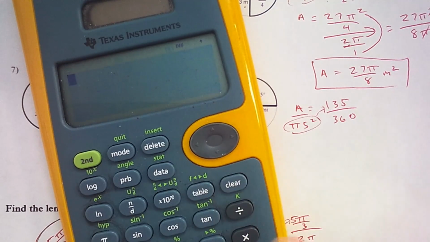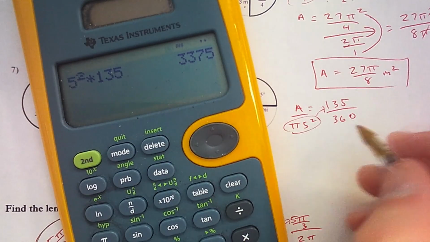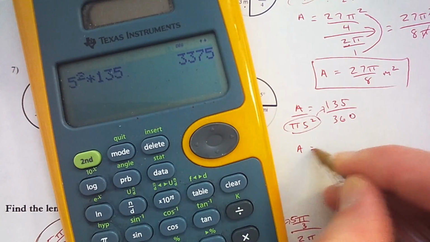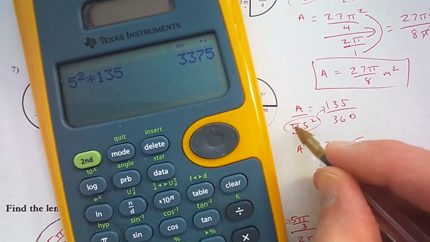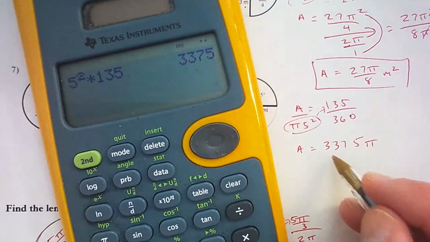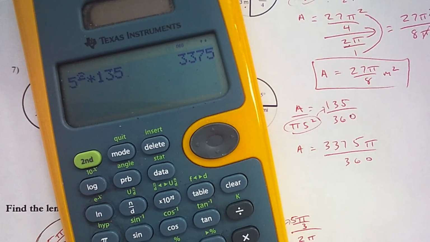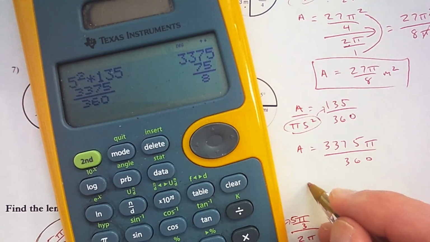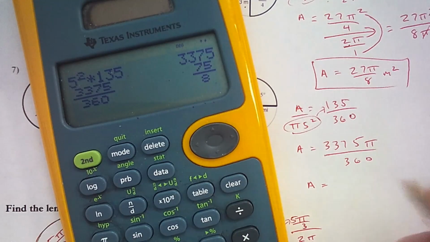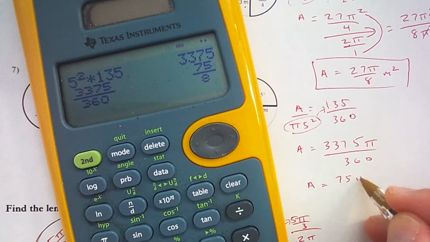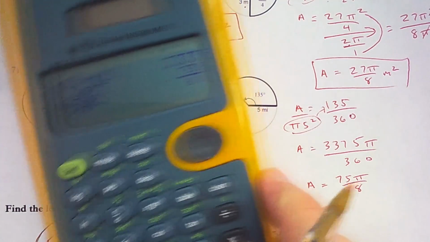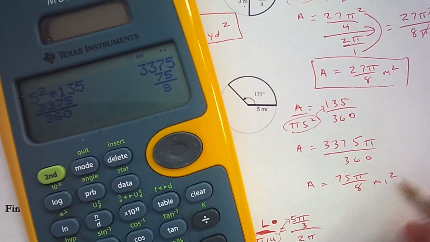And 5 squared times 135 is 3375. And there's a pi over 360. So 3375 over 360 is 75 over 8. So my answer is 75 pi over 8 miles squared.